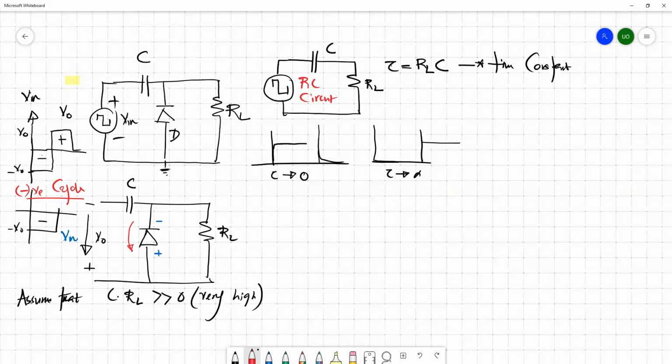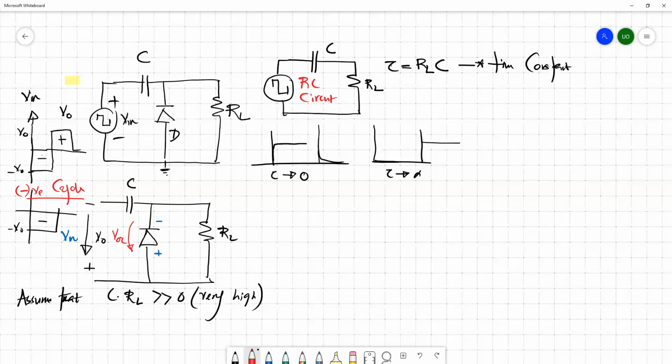As in the previous case, we remove the diode for the time being and evaluate the open circuit voltage across the diode. Initially, this capacitor is at 0 voltage because we didn't apply any voltage across it, so it has 0 energy.